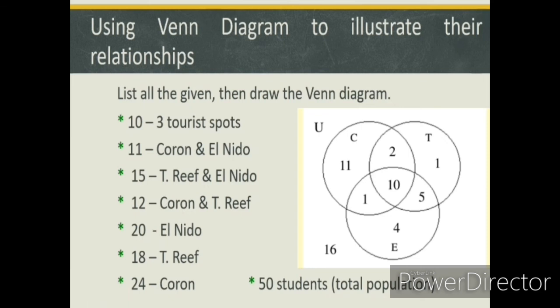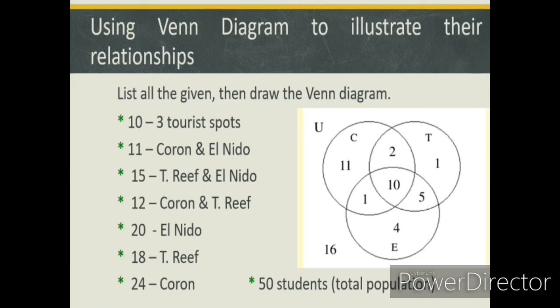So that would be a set difference. On the lower part of 1, 10, and 5, you have to write 4, because 20 minus 16 is 4.